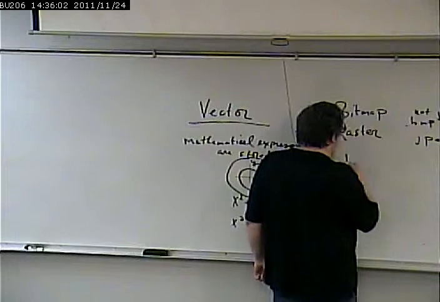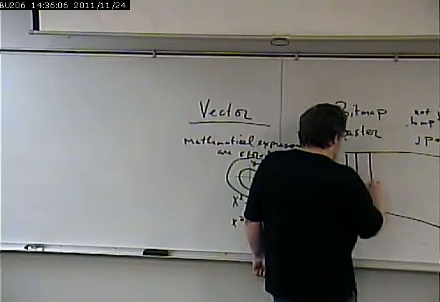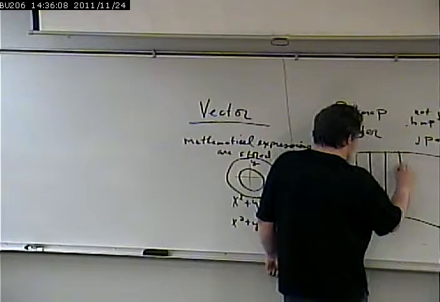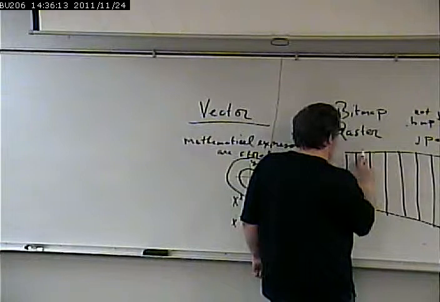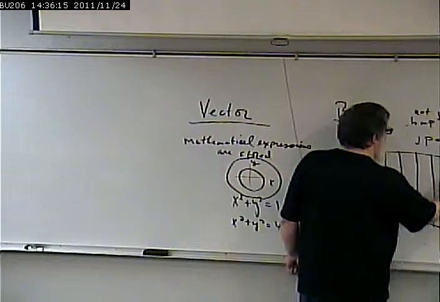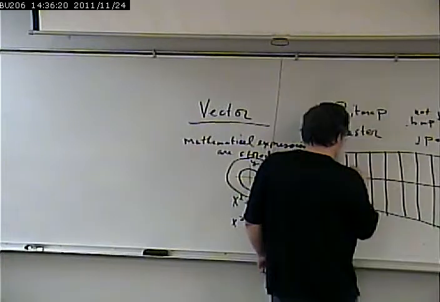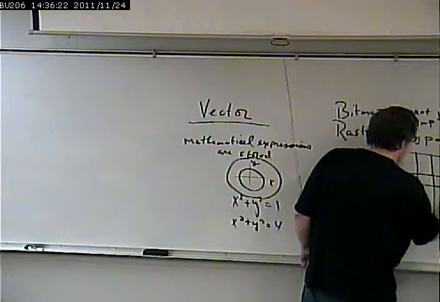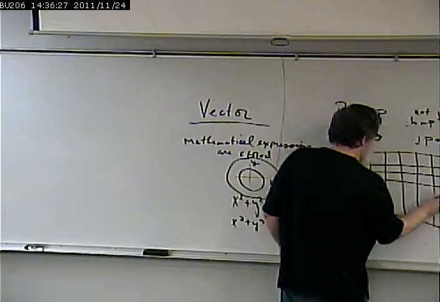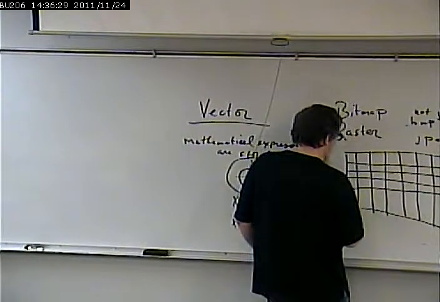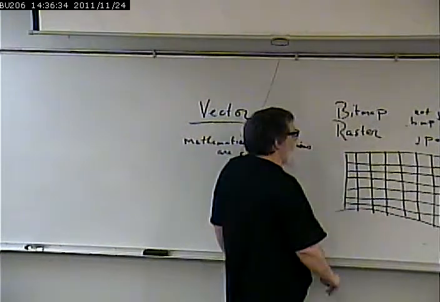Now, let's look at what are called raster graphics. And I'm going to approximate this. Let's say I have an 8 by 8 grid. All right?